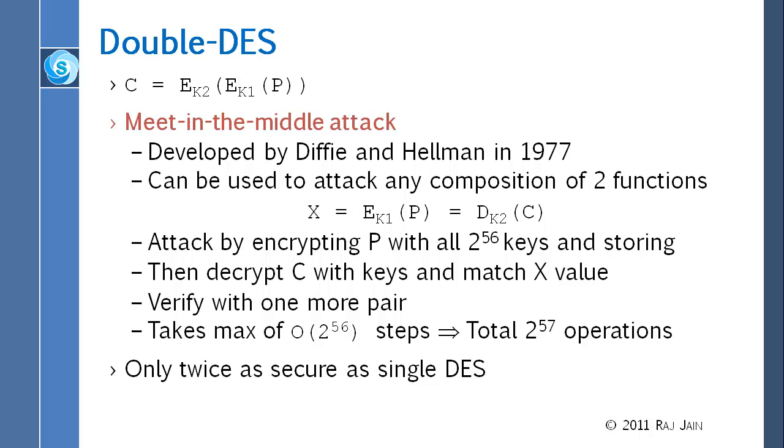Then you decrypt C with all 2^56 keys, one by one, and if you find any match, then you have found the keys. There's some probability that you may not have found the exact combination K1 and K2, so you have to do one more P and C pair. If you get one more P and C pair, then you can be almost sure that this is the pair K1 and K2.